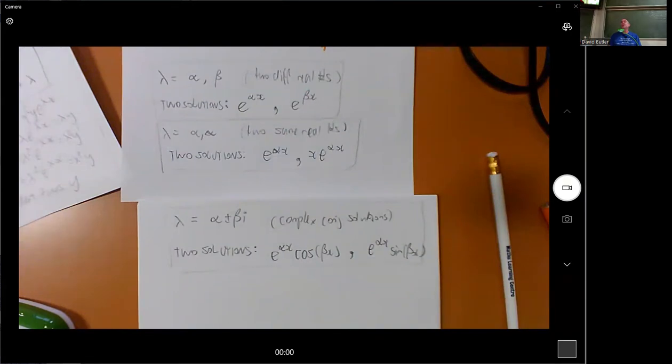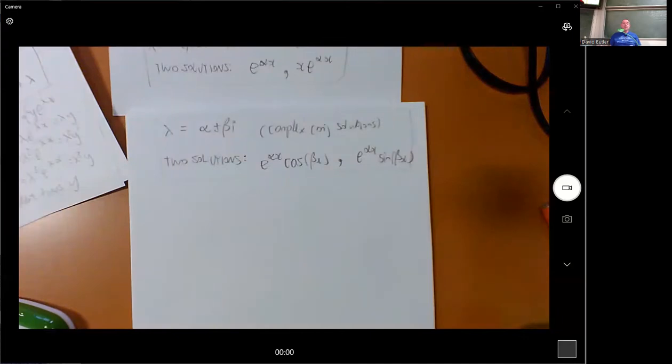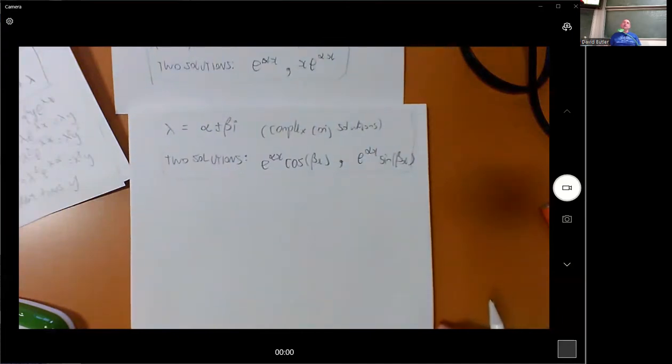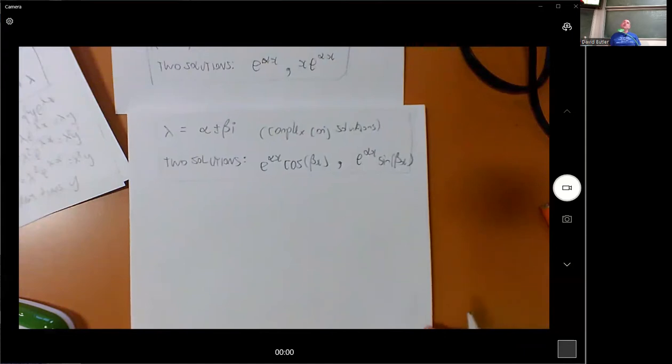If you can find a collection of solutions which are guaranteed to cover all the solutions if I do linear combinations, then that'll be the linear combinations. And in general, that works for homogeneous equations. So the short version is that the solutions to a homogeneous linear differential equation are a subspace.